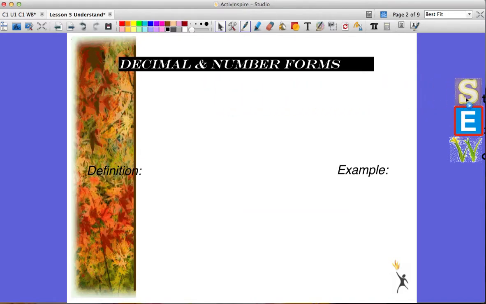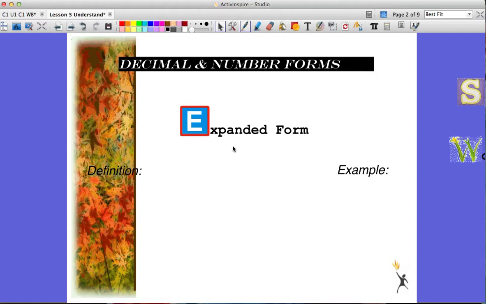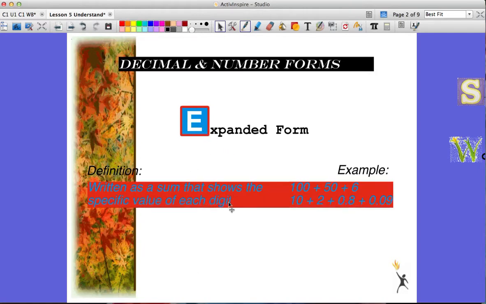Okay, moving on to our E, expanded form. Now expanded form has the word expand in it. So that's exactly what we're doing. We're taking this short little number and we're expanding it using addition. So expanded form is a number written as a sum that shows the specific value of each digit.